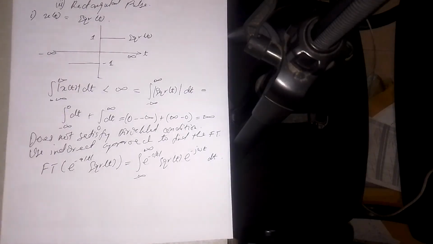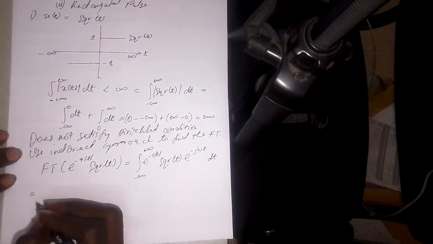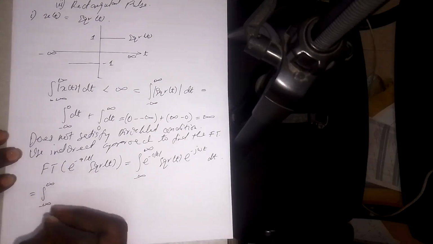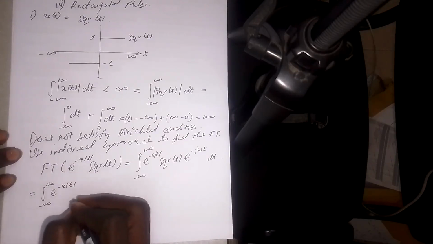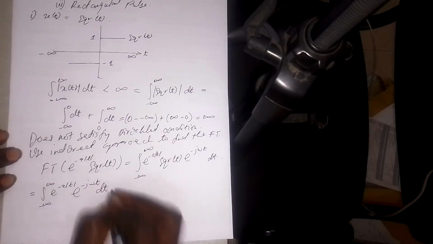Now the square here is a pulse, so it's 1, and we can eliminate it. We then have e to the minus a mod t times e to the minus j omega t dt.